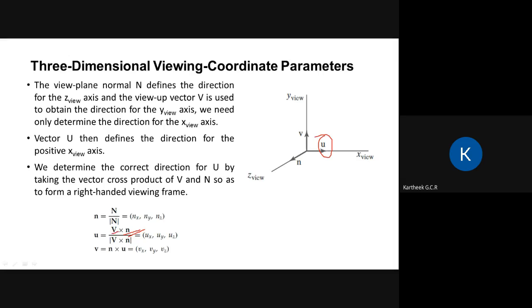Now see here, this up vector, whatever the user specifies, will not be convenient for rendering or visualizing, or mathematically it might not be convenient. So what OpenGL or any graphics library would do is try to correct the up vector by taking the cross product of these two again, right?